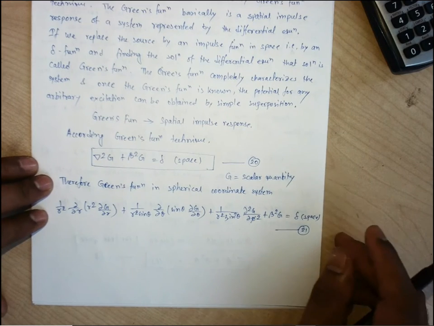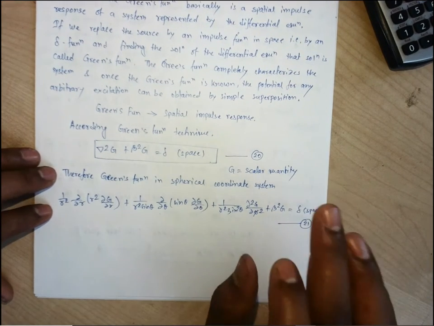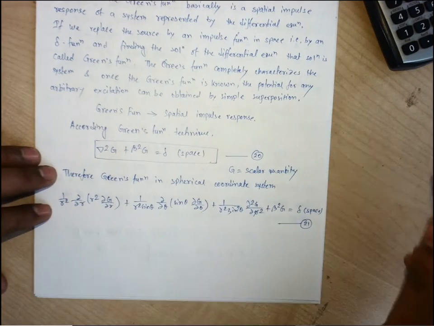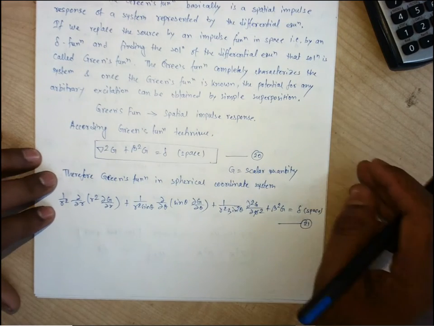So let us consider this impulse excitation is located at the origin, that is r is equals to 0. If we are having a sphere, the impulse is located at r is equals to 0. So what does it mean?